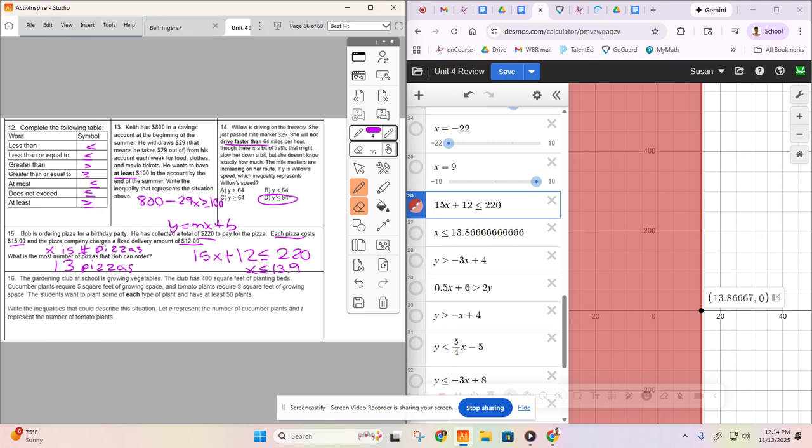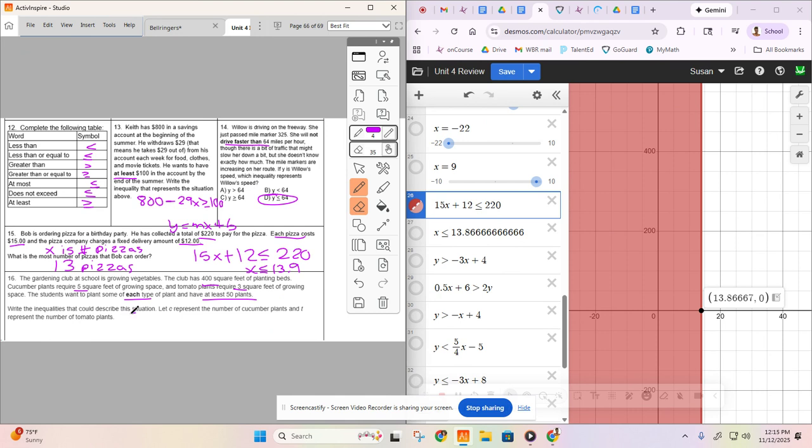16, the gardening club at school is growing vegetables. The club has 400 square feet to plant seeds. Cucumber plants are 5 square feet to grow. Tomato plants are 3. The students want to plant some of each type, and they want to have at least 50 plants. Let C be the number of cucumber plants, T is the number of tomato. Let's start with our square footage.